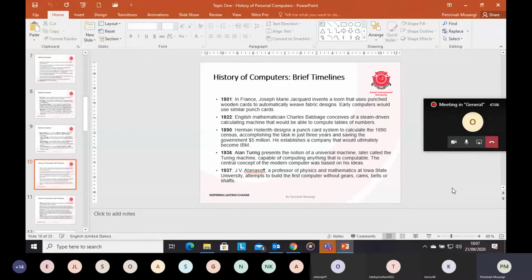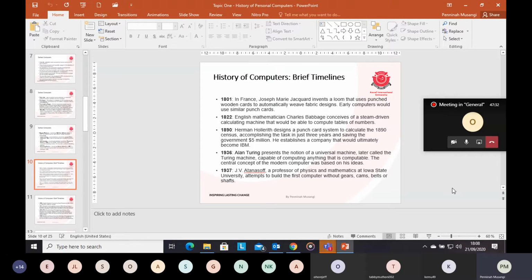These punch cards were not paper but wooden, and you punch the wood. As I've said, the holes are what contained the instructions.